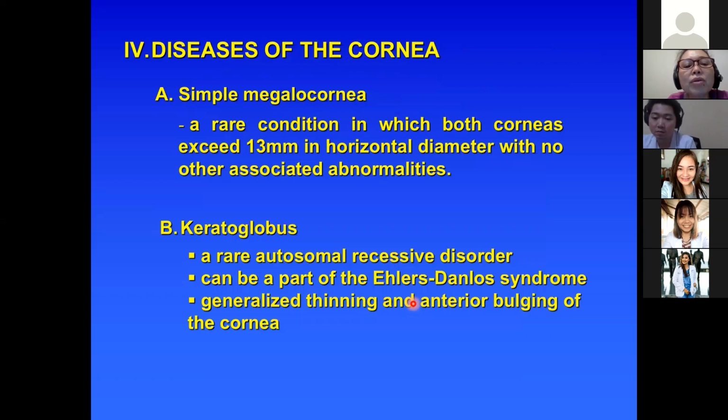So, diseases of the cornea. Now, what is the adult horizontal diameter of your cornea? 12 millimeters horizontally. Vertically, 11. Why 11?